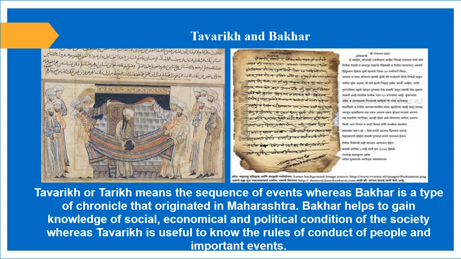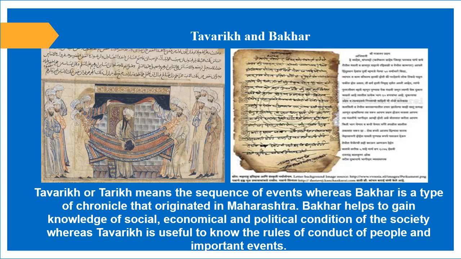ठीक है, now we will learn these two important terms, Tawarik and Bakar. So what do you mean by Tawarik? Tawarik or Tarikh means the sequence of events, whereas Bakar is a type of chronicle that originated in Maharashtra.